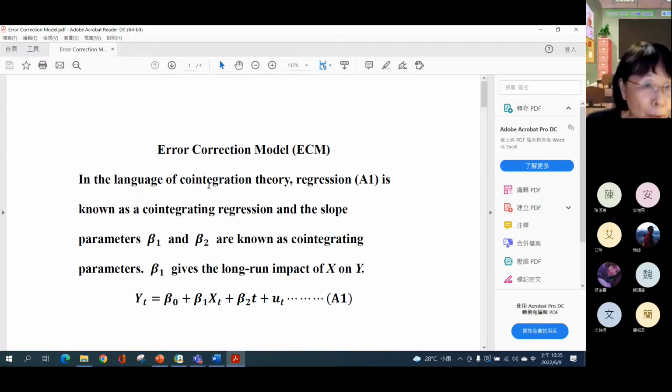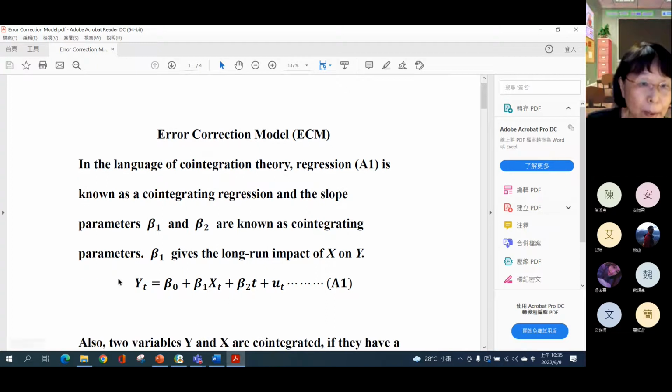In the language of co-integration theory, the regression A1, which I just want to refer to, is known as the co-integrating regression. Also, by the way, this is what I have done for our examples. Sometimes it is without t, if you're just using y and x.